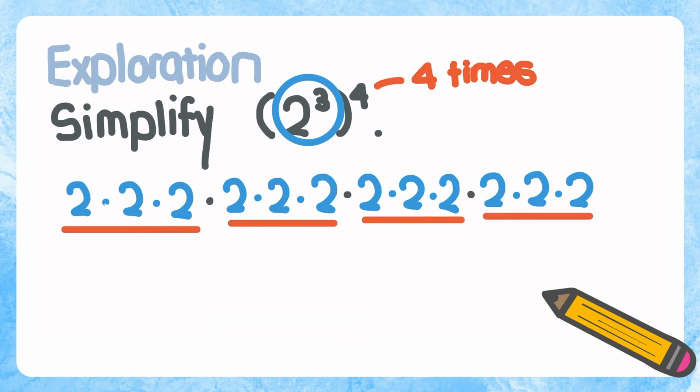So how many times have we multiplied 2? 1, 2, 3, 4, 5, 6, 7, 8, 9, 10, 11, 12 times. So when we simplify it, we can write it as 2 to the power of 12.